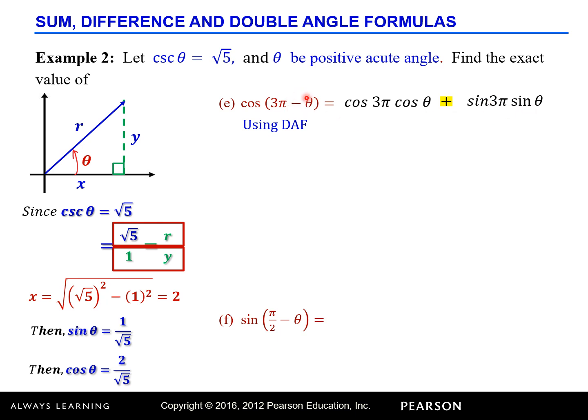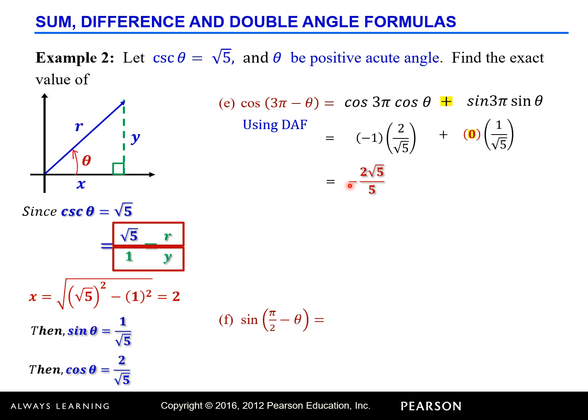Since it is cosine, we should write the opposite sign. If this is minus, then this is plus. In the calculator, cosine 3 pi is equal to minus 1. Then cosine theta is the given. Then plus sine 3 pi is 0 in the calculator, and sine theta is given, which is 1 over root of 5. Since the second term is 0, you will just multiply this, and the final answer is negative 2 square root of 5 over 5.